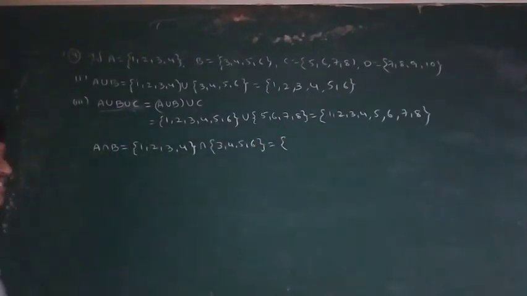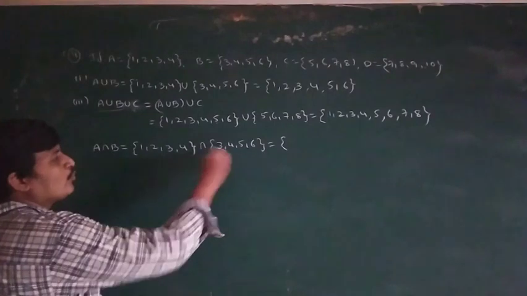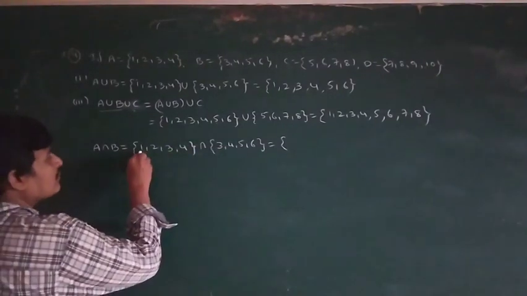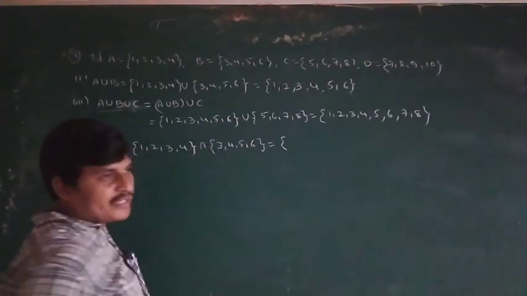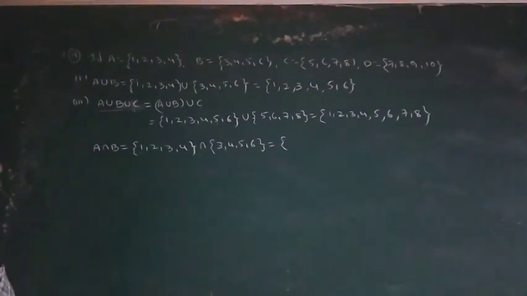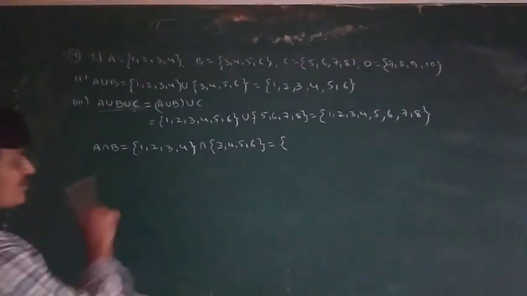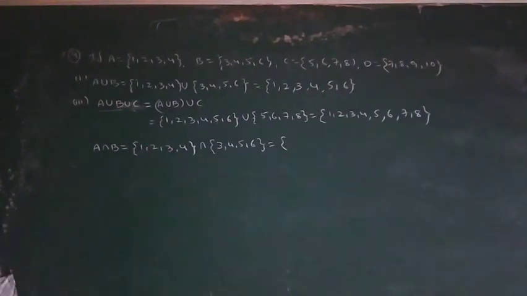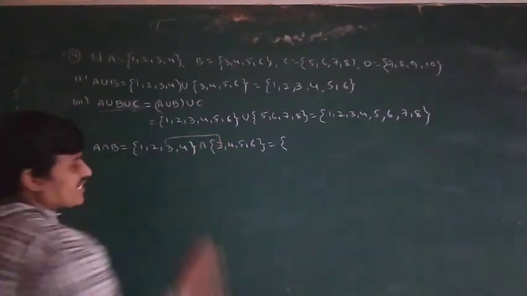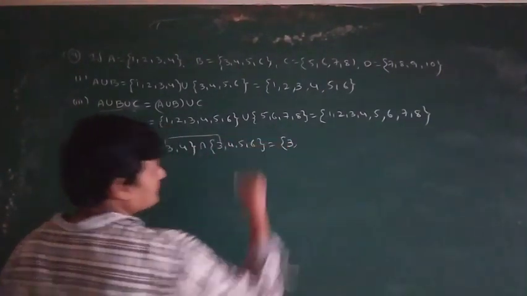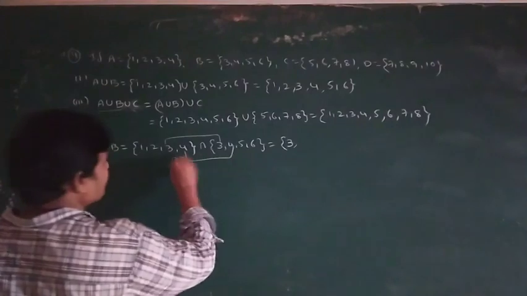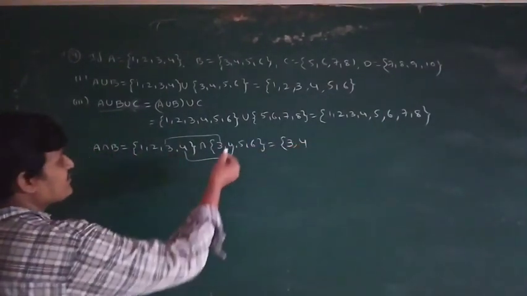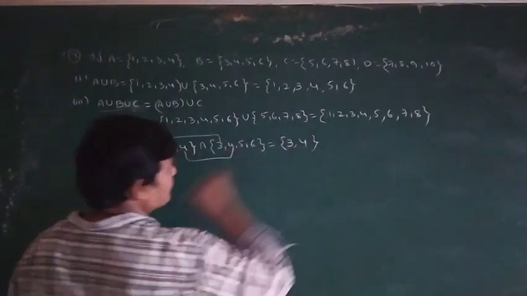Intersection means common elements in both sets. 1 is only in set A, not in set B, so not considered. 2 is only in the first set, not in the second set. 3 is in the first set and second set, common, so 3. Next, 4 is also in the first set and second set. Next, 5, 6 are only in a single set. So this is the answer.